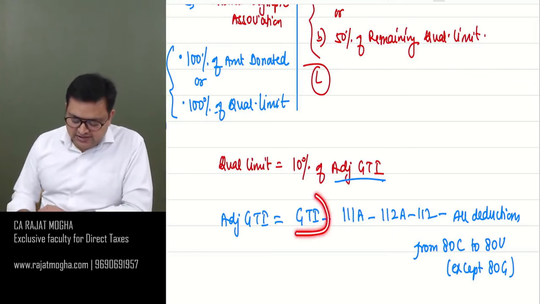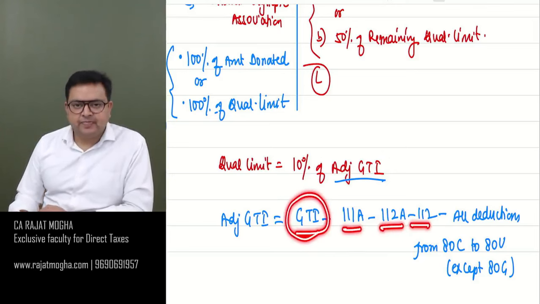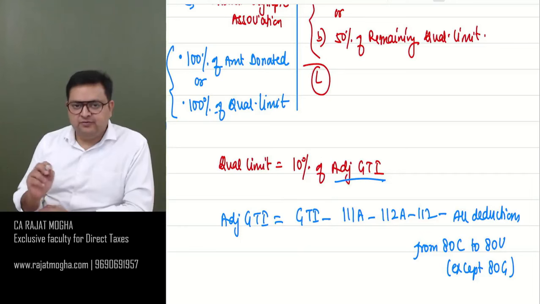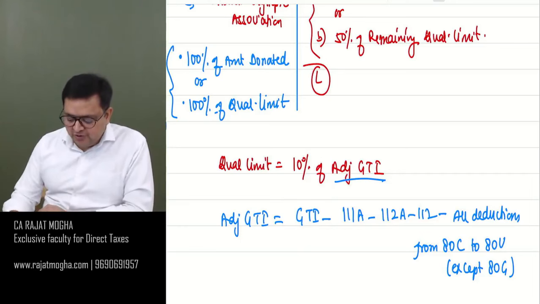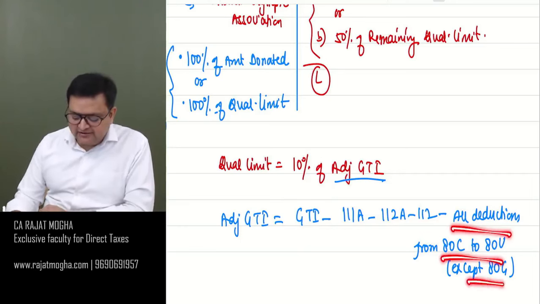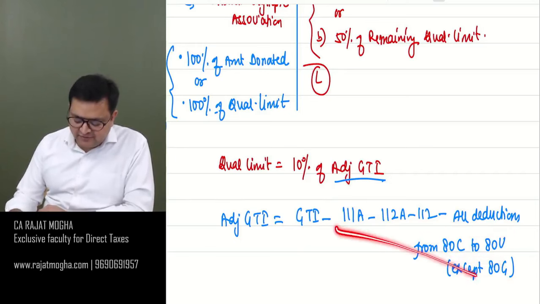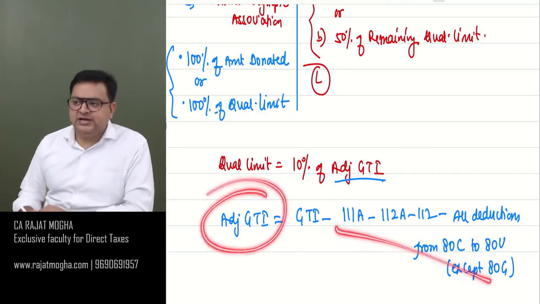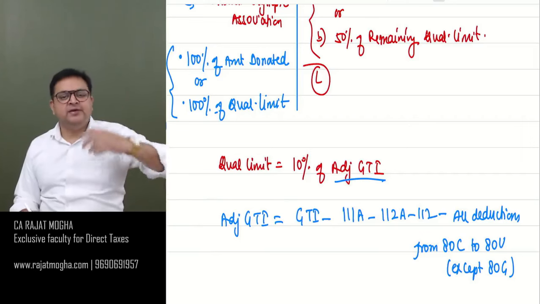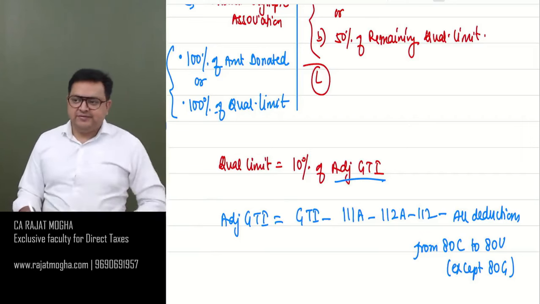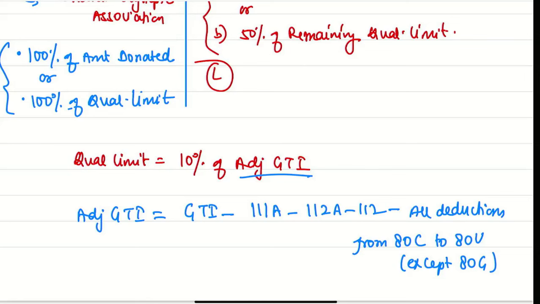So if you subtract this from GTI, you will get adjusted GTI. Whatever is adjusted GTI, 10% of it is called the qualifying limit. Have you written this also?